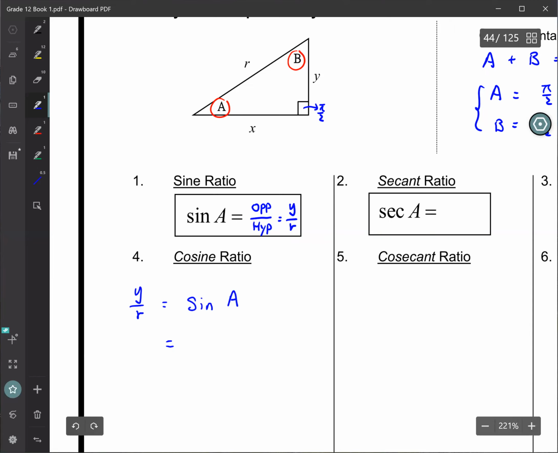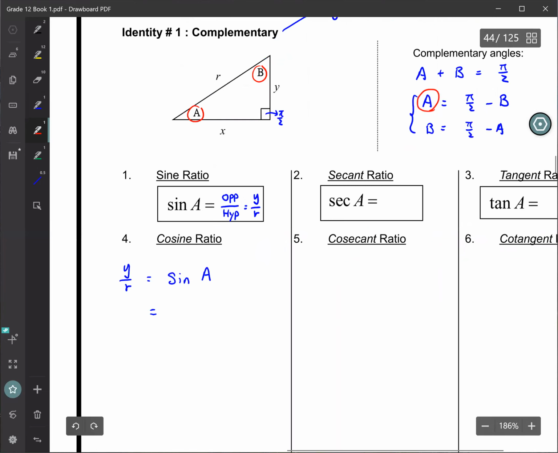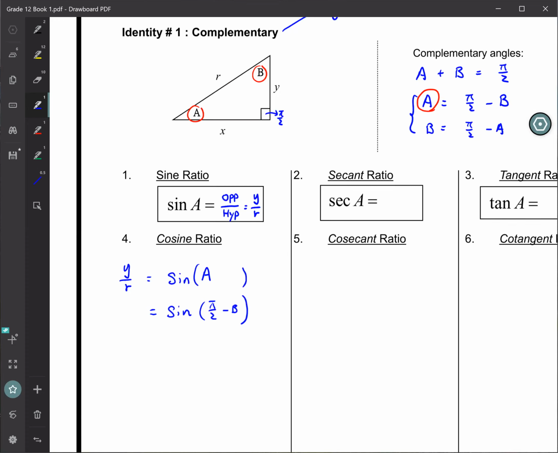And from the complementary angle part, A, I can write it as pi over 2 minus B, correct? So I can rewrite the A as pi over 2 minus B. So far, the first line is the same as the second line.